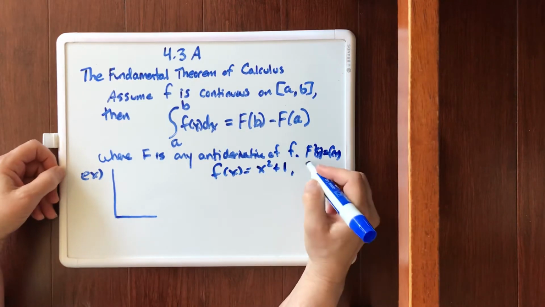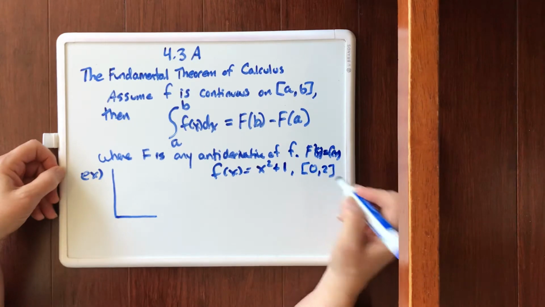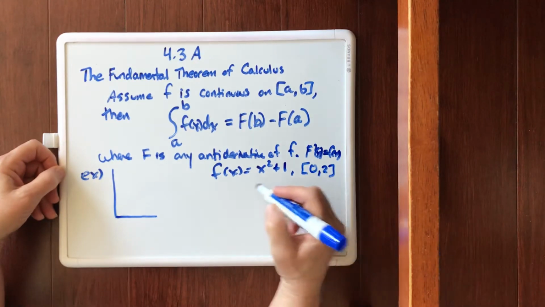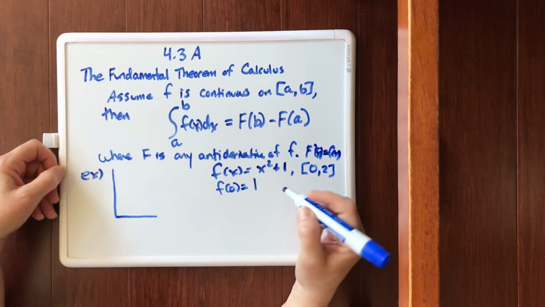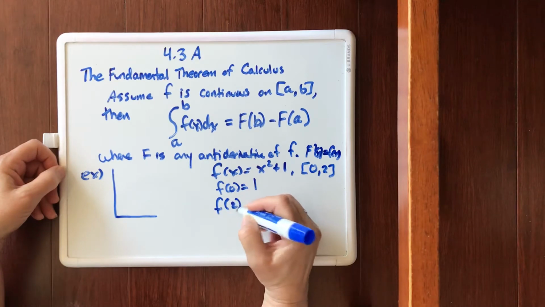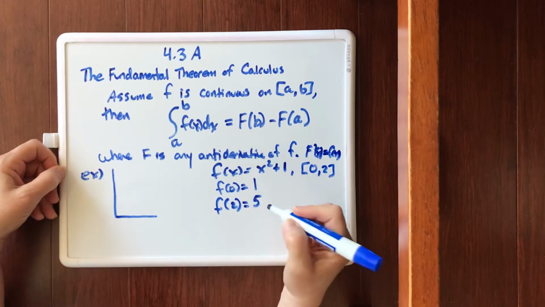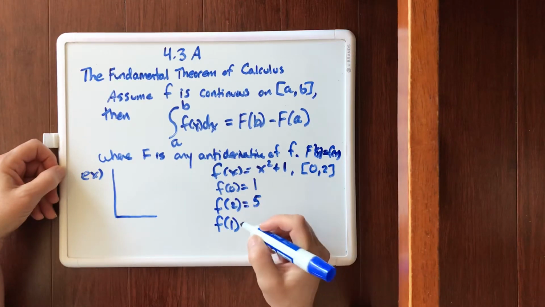We're going to mark this on the graph from 0 to 2. That's what we've been doing all along. f of 0, we put a 0 in there, is 1. f of 2 is 5. So let's pick one somewhere between 0 and 2. f of 1 is 2.